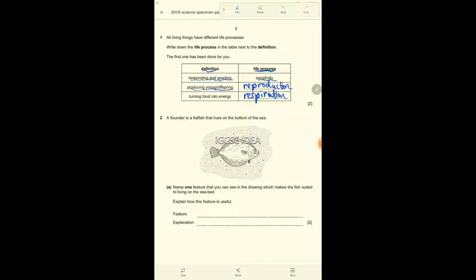Its mottled skin is for camouflage, and its eyes on the top are for hiding from predators, and finally it's flat.